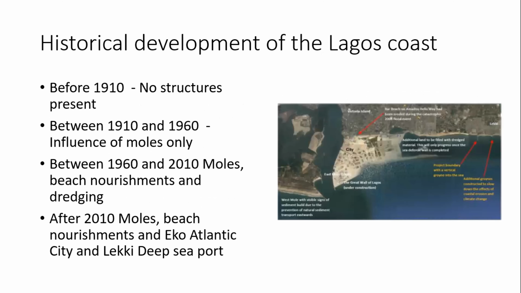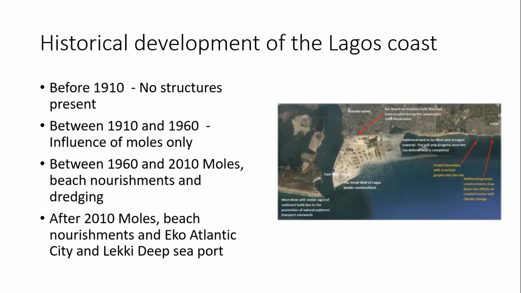So of interest when it comes to the Lagos coast are the issues that happened before the moles were constructed, that is before 1910, and when the moles were constructed between 1910 and 1960. Then the issues that happened because of coastal erosion and beach losses, most especially at Bar Beach, which involved beach nourishing and dredging for new development sites.